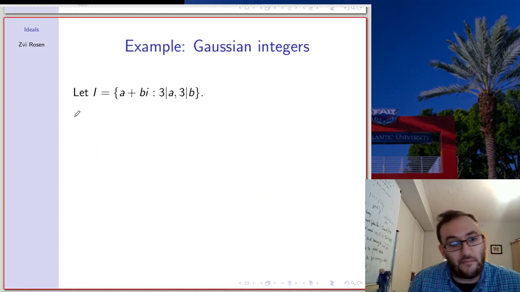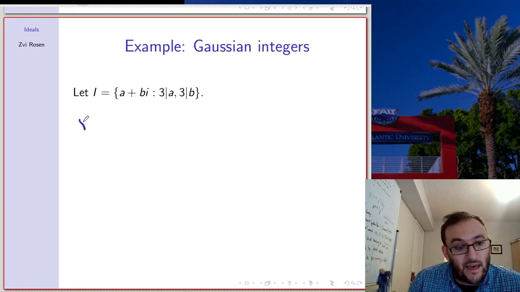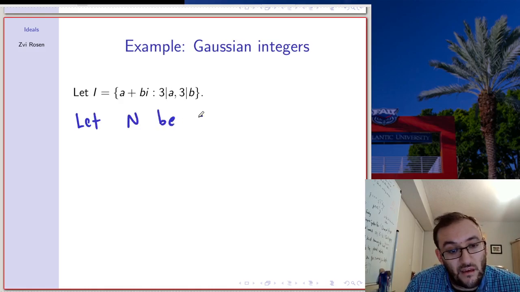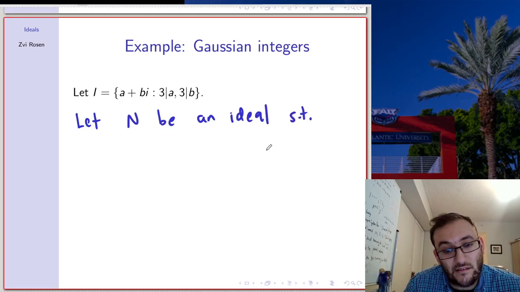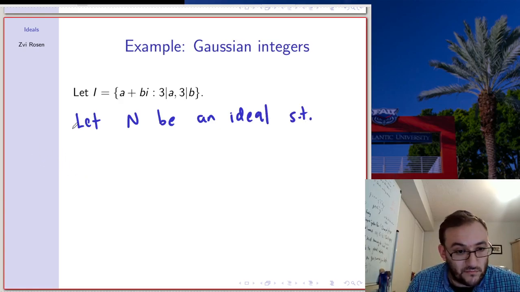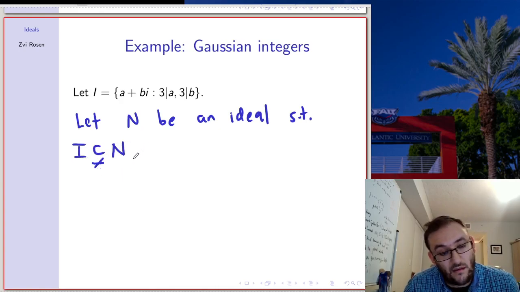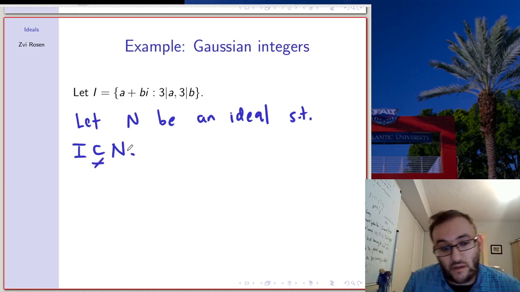Suppose we have some, or rather, let n be an ideal such that I is properly contained in n. We'll see what we learn about n.